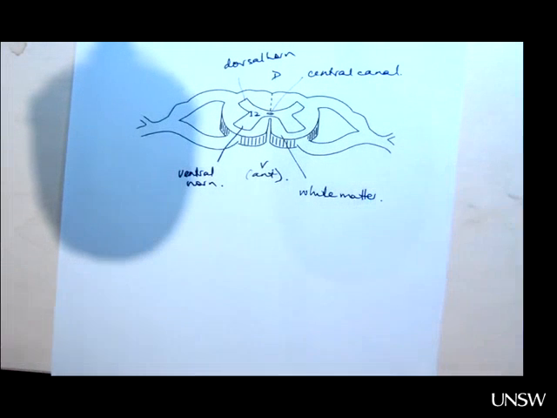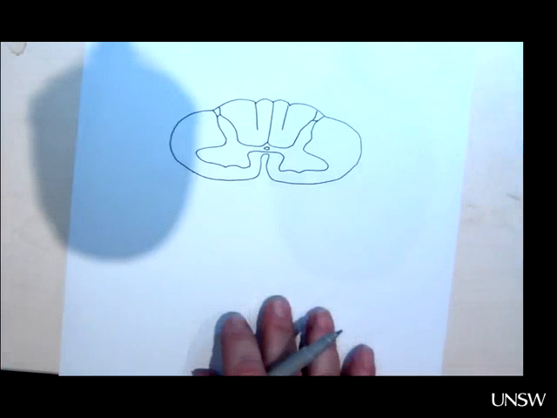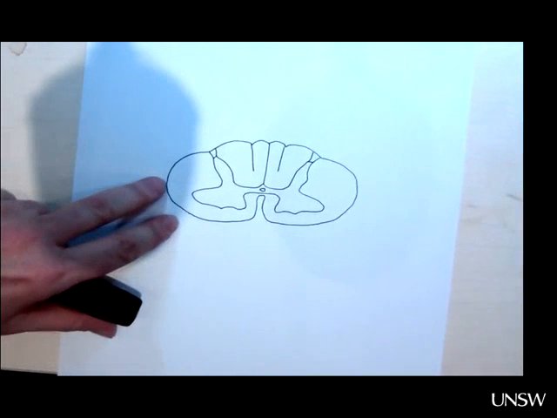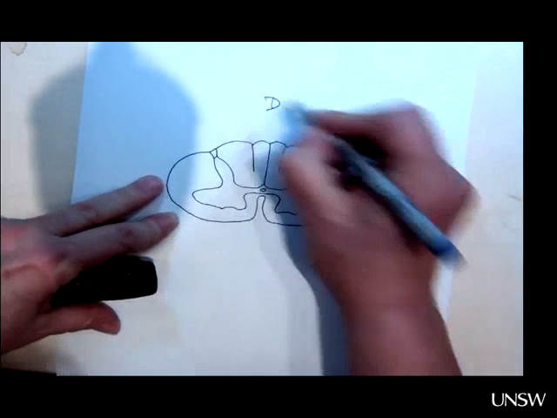Now, I have a few diagrams here because I didn't want to clutter them all up with just one. This is the cross-section that you're seeing there. It's pretty close to it, from the same level of the spinal cord. And one thing here, if we remember, this is dorsal and ventral.